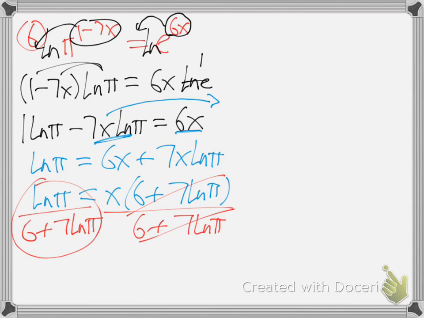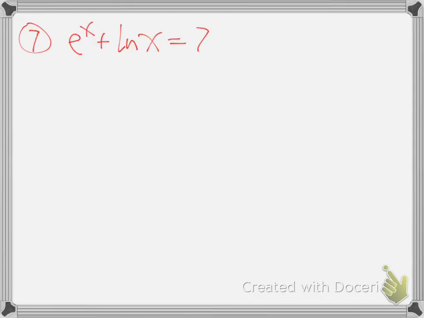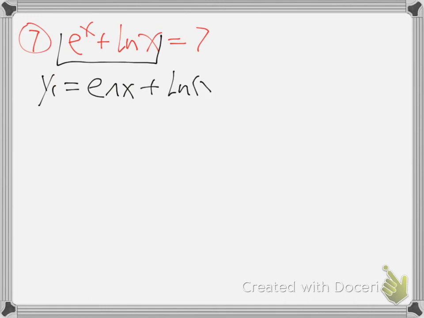They also want you to get a calculator answer on that too. Okay, so on this one, they want me to use my calculator to solve. So the left side is going to be y1, so type into your graphing calculator y1 equals e to the power x plus ln x, and y2 is 7. And then you graph it.